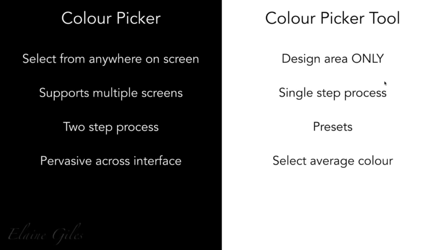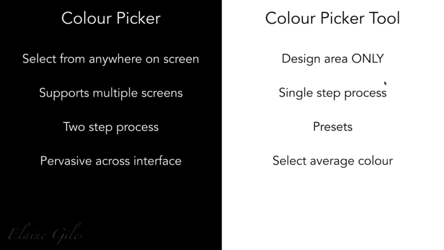The difference between those colour pickers, I have gone over it, I'll go over it again. You can select from anywhere on the screen with the colour picker. It does support multiple screens, any screens on your Mac, including if you're reflecting something to an iPad, and you can use something like Duet to do that. You can select off there as well. But it's a two-step process. You have to click it and then you have to click again to apply it.